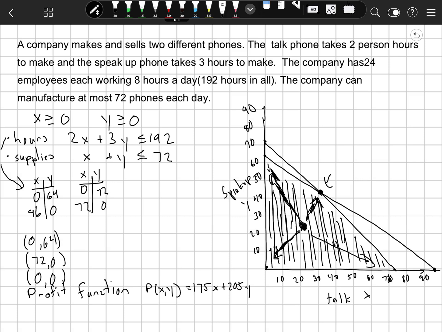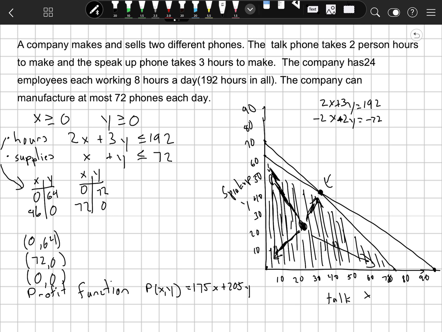It's an intersection of 2 lines, so we could do a little bit of elimination with this. I'm going to rewrite it up here in the top corner: 2x plus 3y equals 192. Then I'm going to times that second equation by -2, so -2x minus 2y equals -72.